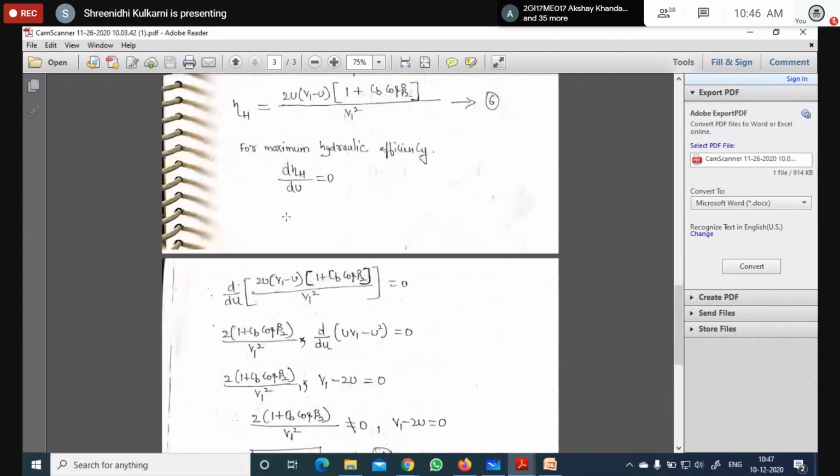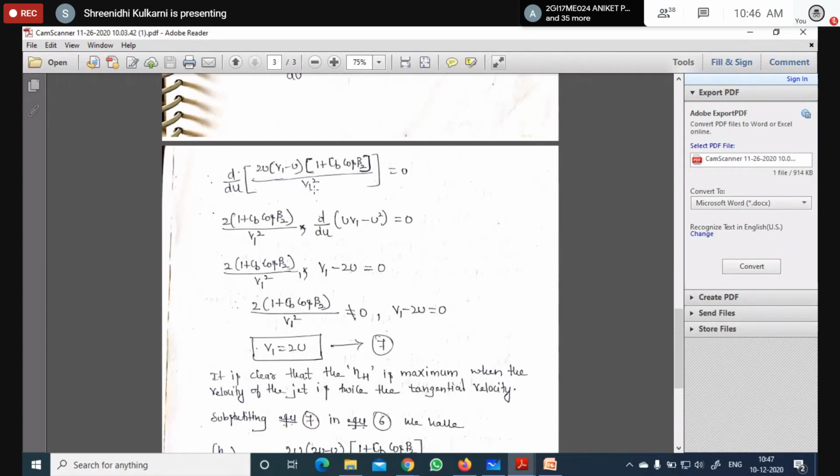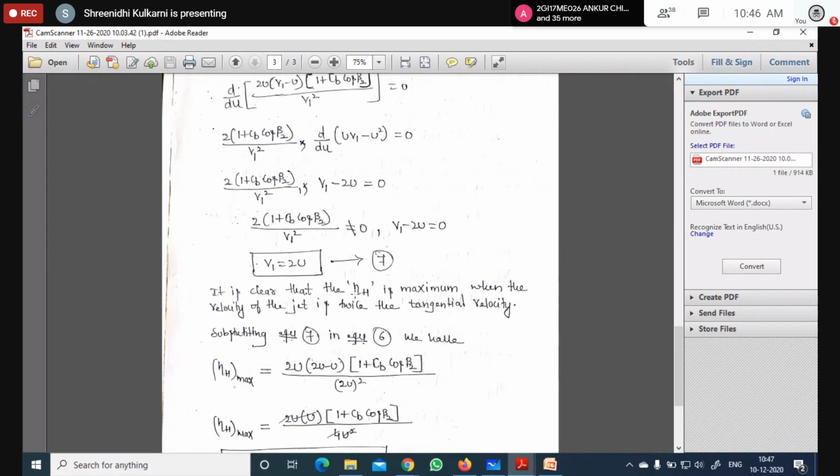Here we can check. We want the maximum hydraulic efficiency, right? Yes, sir. It is clear that the hydraulic efficiency is maximum when the jet velocity v1, which is the absolute velocity at inlet, is twice the tangential blade speed velocity.